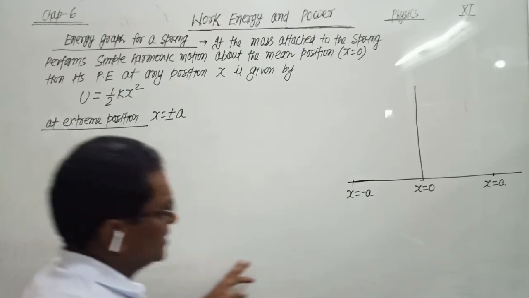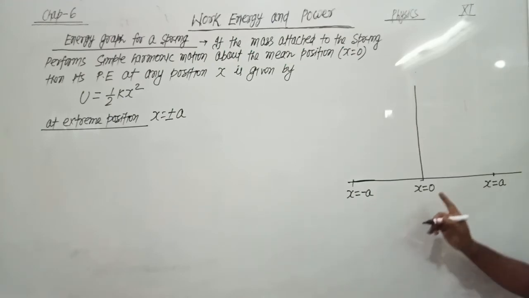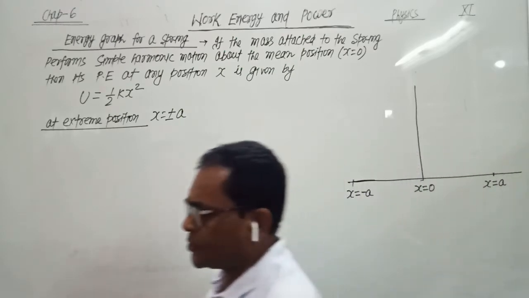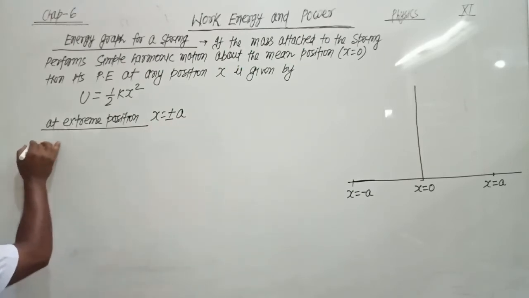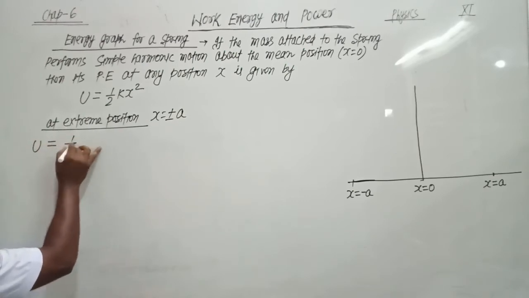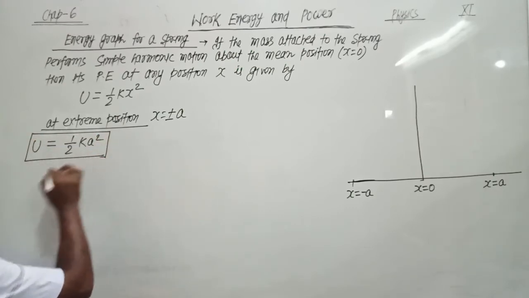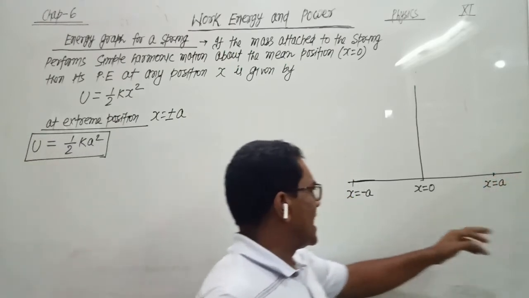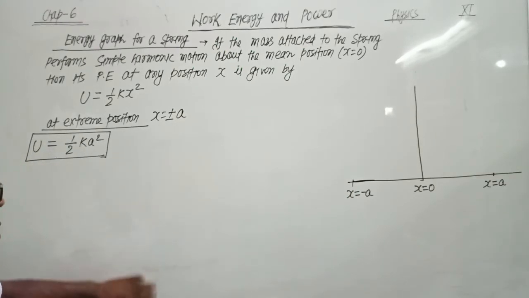At the extreme positions, x equals plus or minus a, the potential energy U equals 1 by 2 ka square, as we put the value of x equals a.